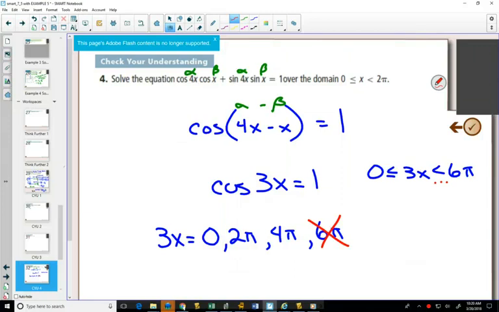So we only have 0, 2 pi, and 4 pi, and that's equal to 3x. Now, dividing each of those answers by 3, or multiplying by 1/3, gives us 3 answers all between 0 and 2 pi, which was our original domain.